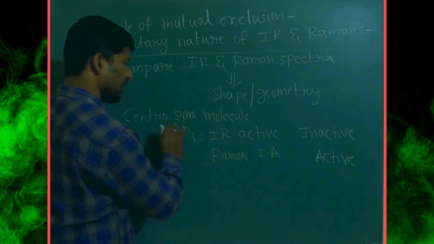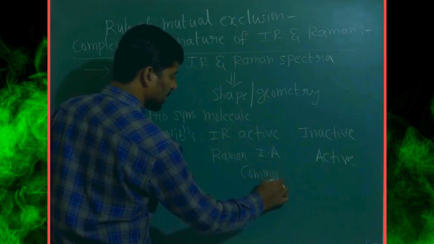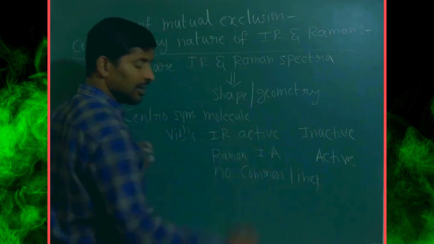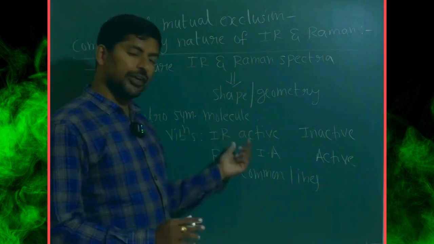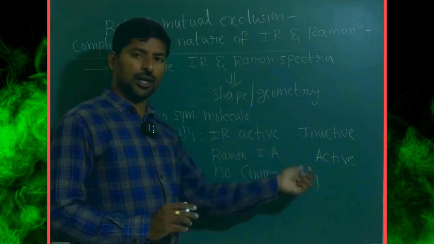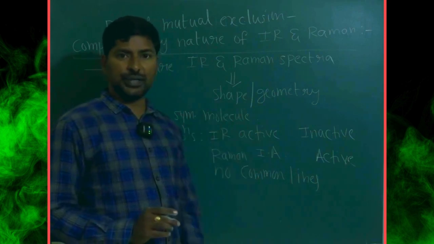That means centrosymmetric molecules possess no common lines in IR and Raman. So if you record IR and Raman spectra for a given molecule, we have to compare them. If any common lines are present, that is a non-centrosymmetric molecule.